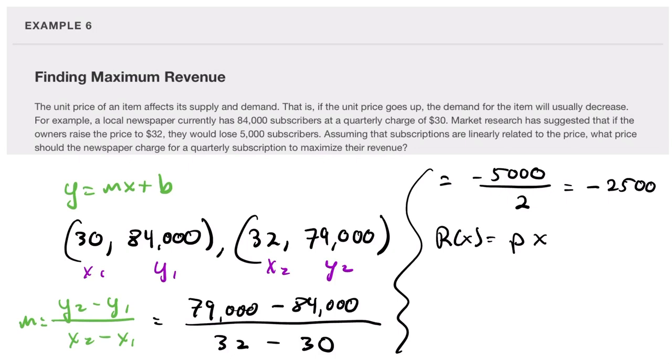To maximize the revenue, right? So the price they charge for each one. Let me see, at one point we had 32 was the price. So we're trying to generate a revenue function.